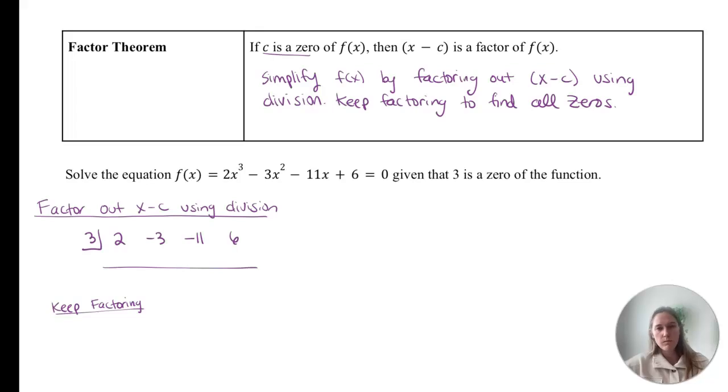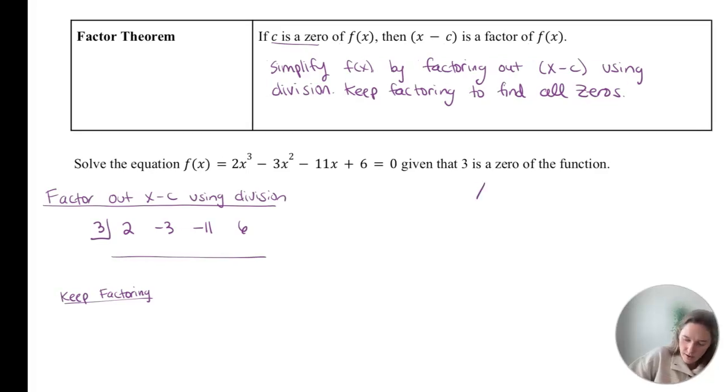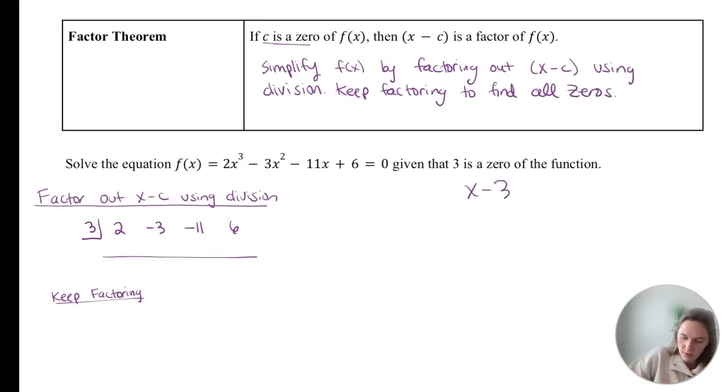So you'll kind of see what I mean in this next example, but we can simplify f of x by factoring out x minus c using division, and then we keep factoring to find all the zeros. So we're going to solve this equation given that 3 is a 0. So the factor theorem, what that is saying is if you're told a 0, it also means that x minus 3 is a factor.